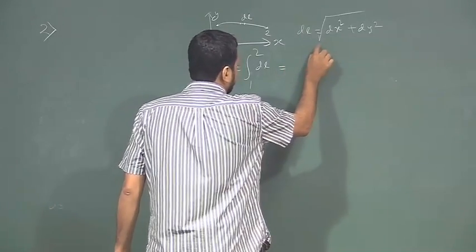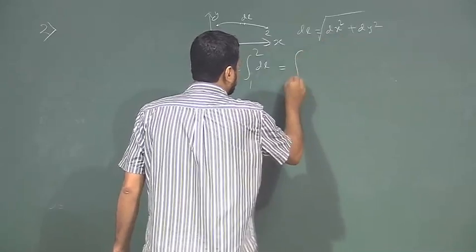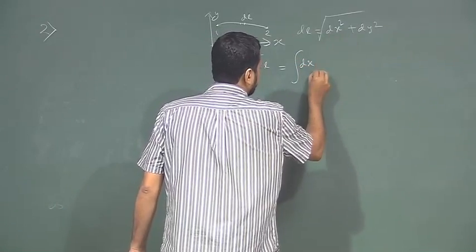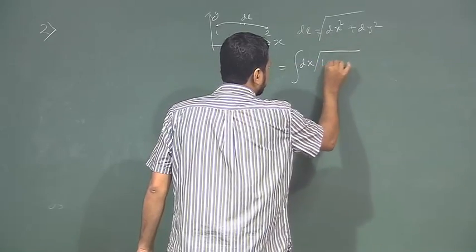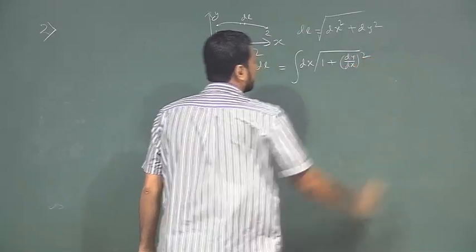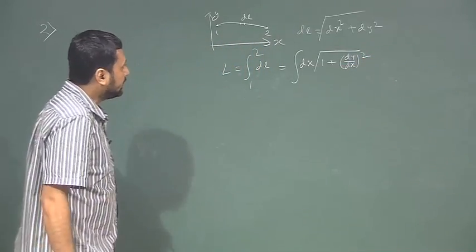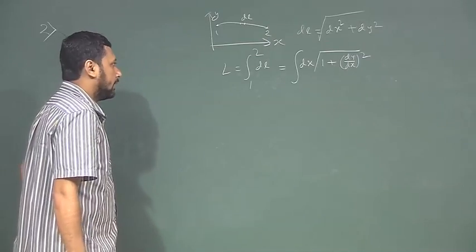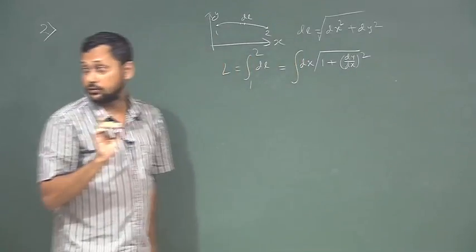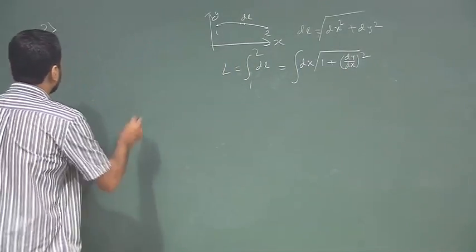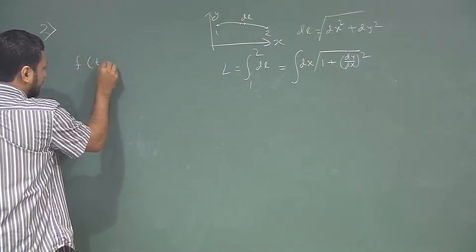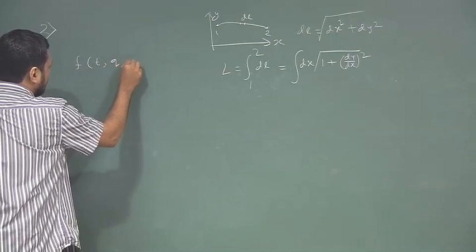So, if I write this for dl, we can take out dx and write this as the square root of 1 plus dy dx whole square. By the way, one thing I should say: so far we have dealt with functions of t, q and q dot.